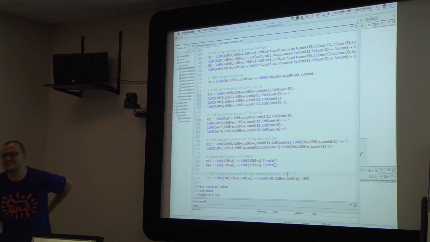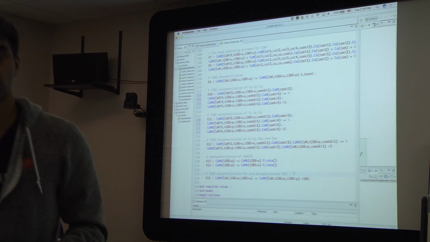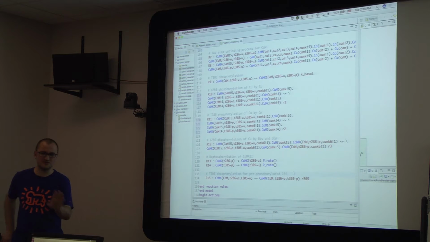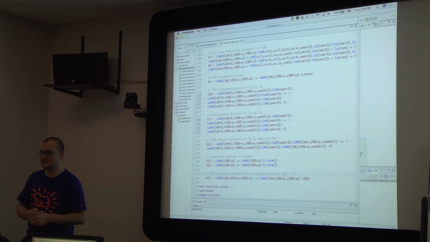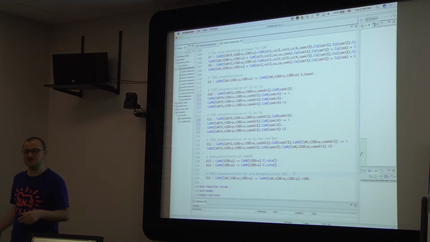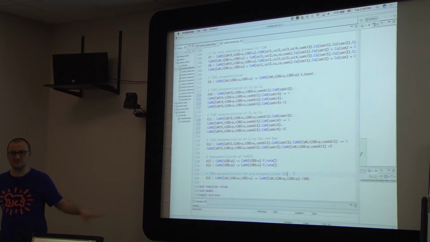Oh, I see. Well, this is invariant in terms of the order of reactions. It doesn't matter what the order of the reactions is. Are you talking about simulation? No, this is building the graph structure.